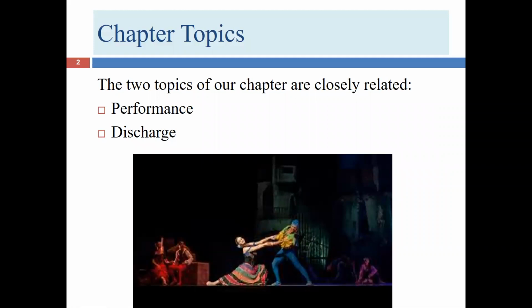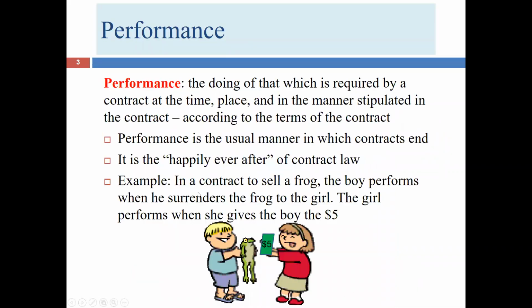So they are performing according to the terms of their contract. But outside of the theater, that's not the usual meaning that we have with contractual performance. Typically what we're thinking about in terms of contractual performance looks quite a bit like this, although usually frogs aren't necessarily involved. Okay, so let's see what the definition is.